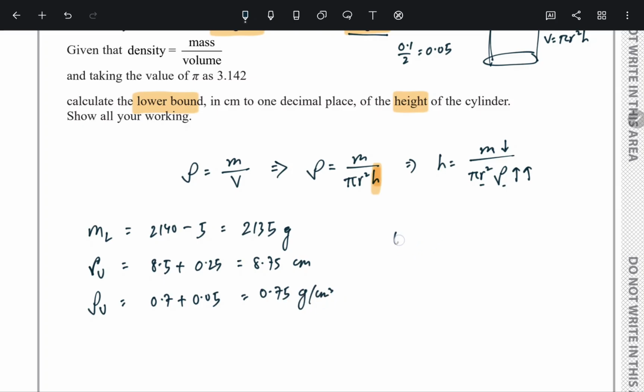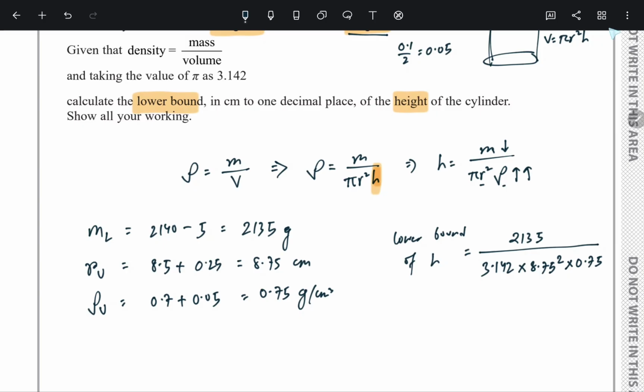So for the lower bound of h, we write these values. The lower bound of the mass 2135, and pi is 3.142. That's what the question says, times the radius squared. So that is the radius, 8.75 squared, times the density, which is 0.75.